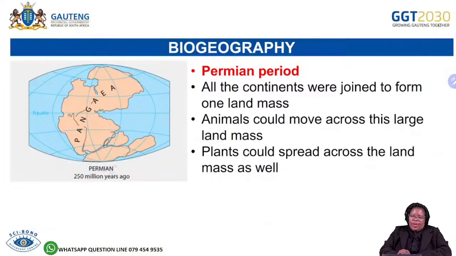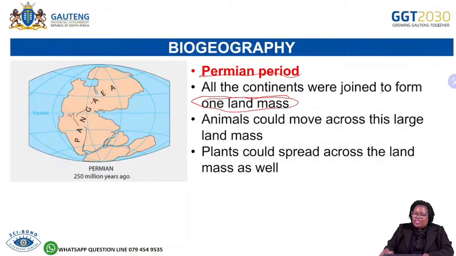So this is the Permian period. With the Permian period, you think of one land mass. The Permian period is about 250 million years ago. How did the continents look 250 million years ago?